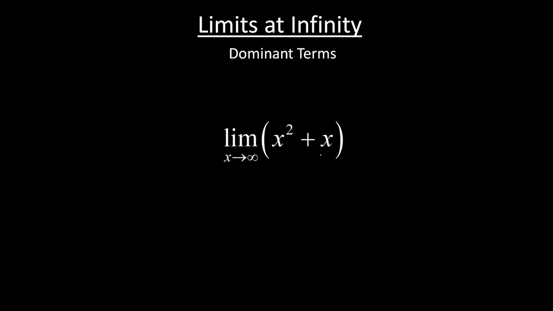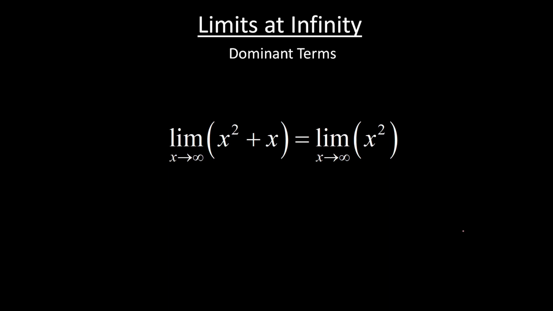And when numbers get extremely large, that means that what isn't the dominant term just becomes negligible. And so this limit is actually the same thing as just the limit of x squared. These limits are the same because as numbers get so incredibly, insanely large, this little thing right here just becomes irrelevant.